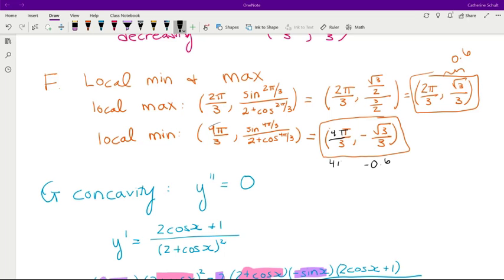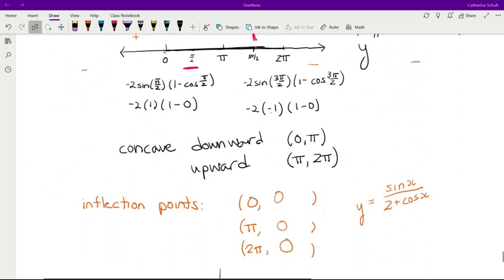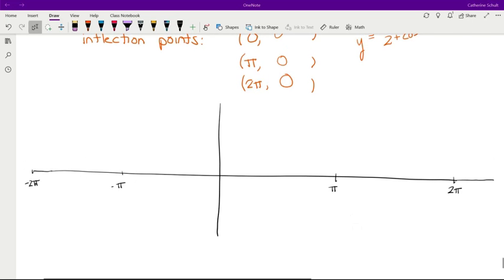So at 4 pi over 3, negative 0.6 is the min, and at 2 pi over 3, approximately 0.6 is the max, okay? What else? We have some nice concavity, concave downward from 0 to pi, and then upward from pi to 2 pi, and we have all of these inflection points. Okay, so can we remember all that?